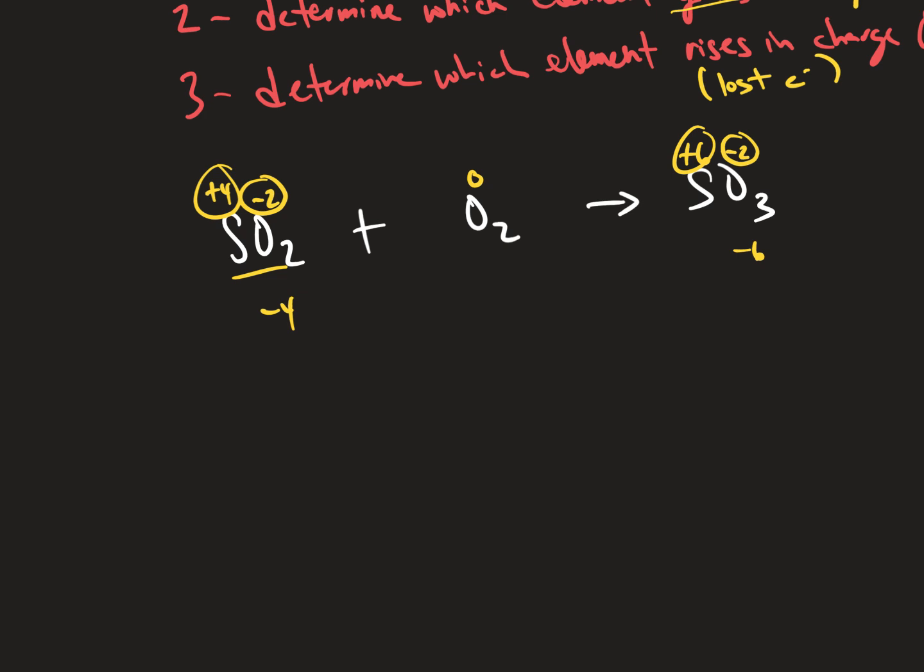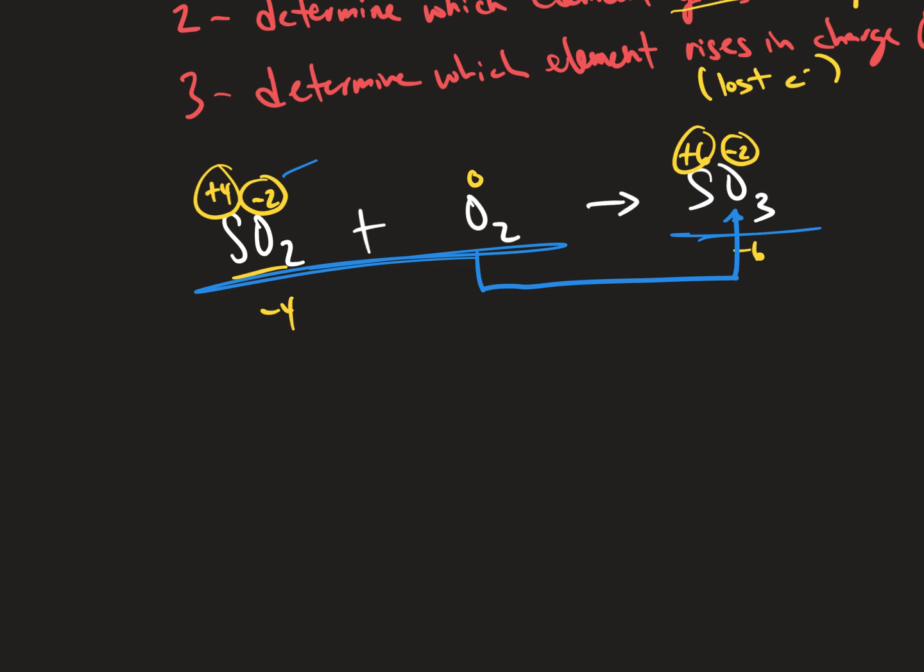Okay. Which one is reduced? The oxygen is reduced, from here to here. This one's -2. That one doesn't really reduce, but we're just saying from this side to this side, so pick one of them.